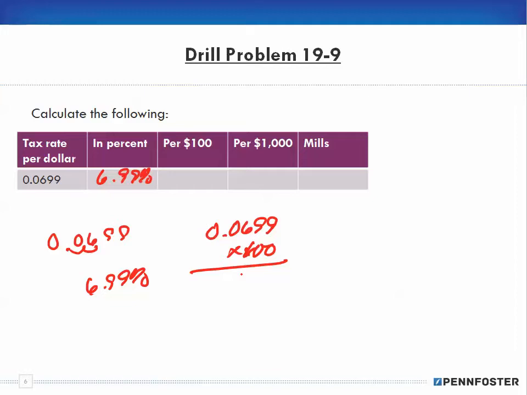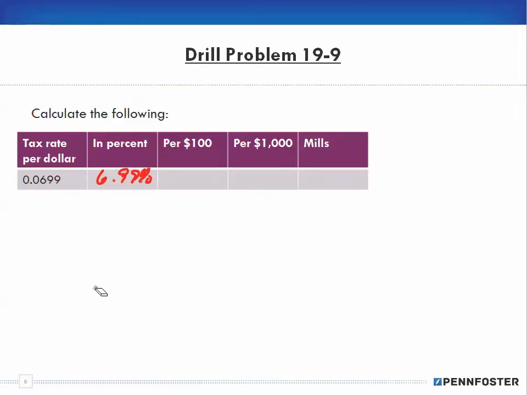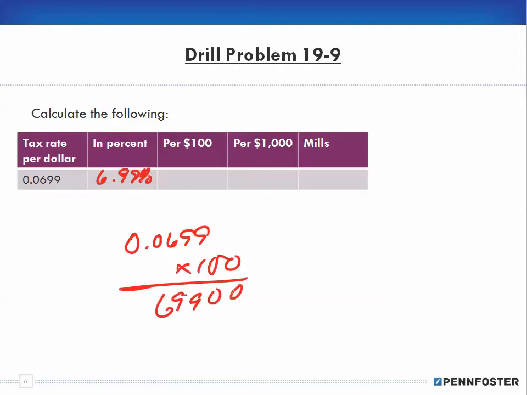So 0.0699 times 100, that's 6.99 per 100.